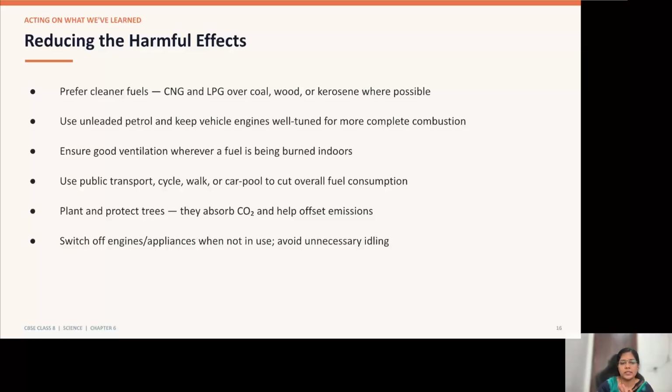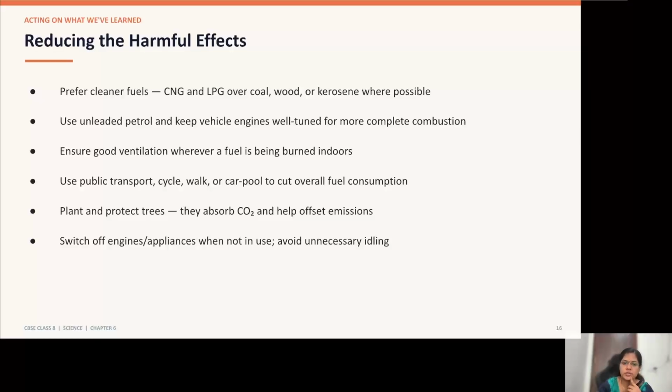You should maintain the engines of vehicles well to avoid incompletely burned fuel producing more carbon monoxide and soot. We should maintain the vehicle engines very well, get pollution under control checks, and also plant trees to reduce carbon dioxide.